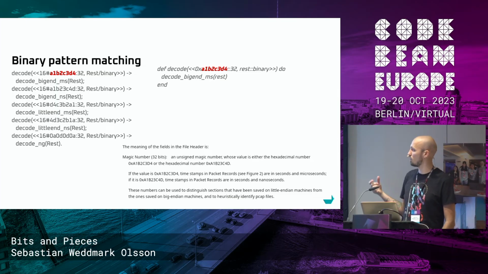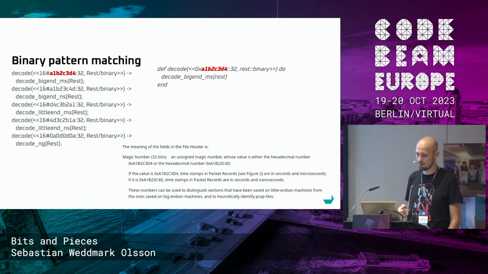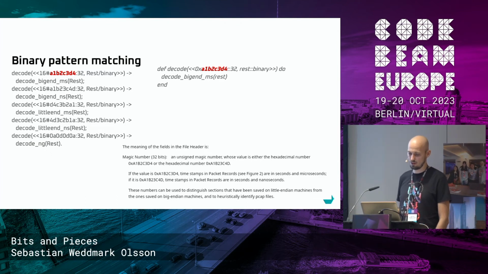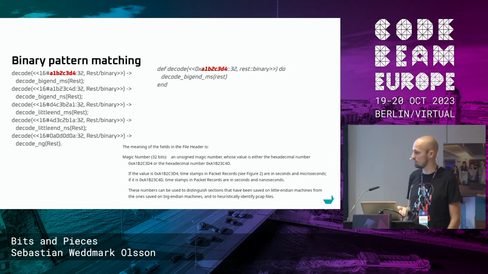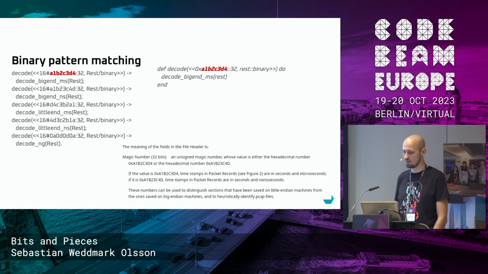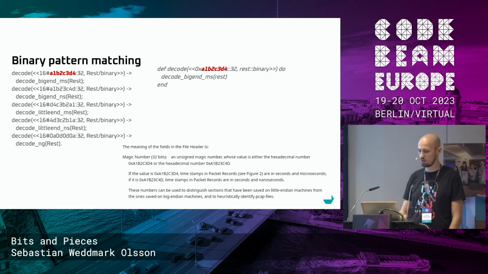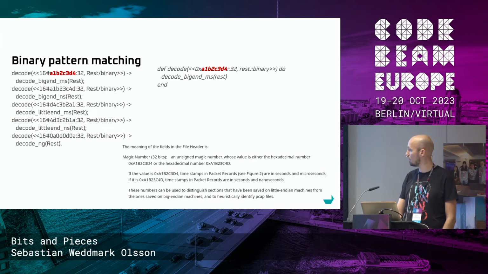So use that when you match and branch out. If it says A1, B2, C3, D4 in the spec, use that directly. It will make sense when you come back to the code. It's searchable in the specification, so you can find the correct part very quickly.